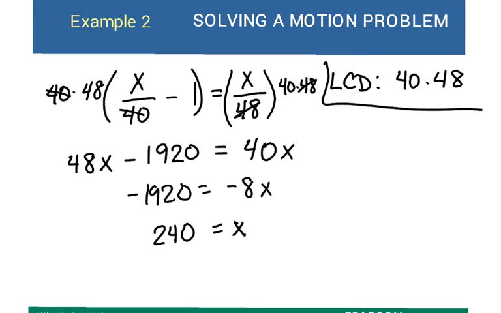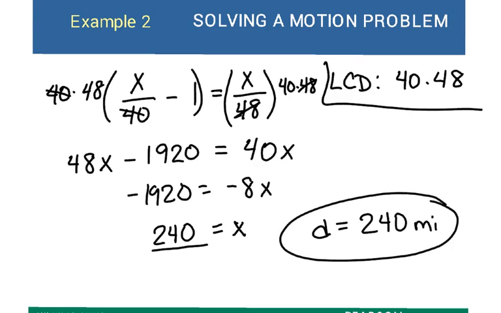So if x is our distance, then our distance from Carissa's home to her grandmother's home is going to be this amount right here. It's going to be measured in miles. So our distance is equal to 240 miles. That is our answer.